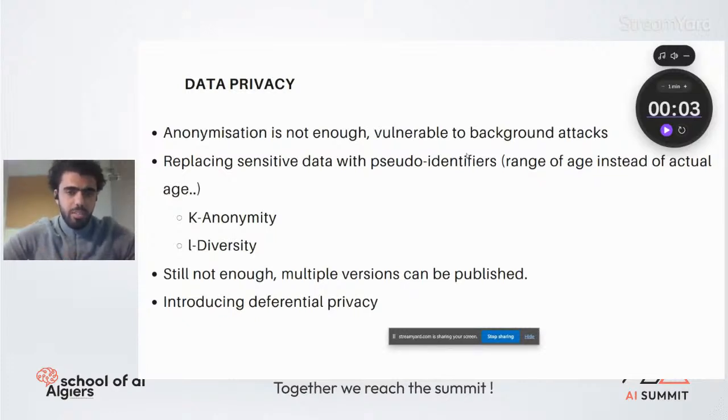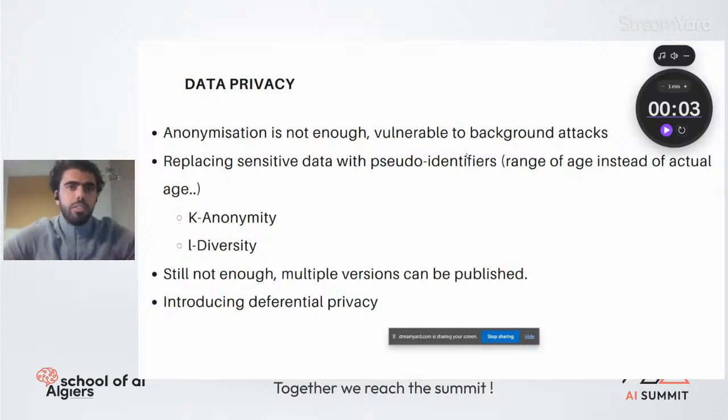But this is not enough. This step is necessary, but it's not enough before publishing the data, because it can be vulnerable to background attacks. Background attacks are attacks that an attacker carries out when he has some background knowledge about the user.